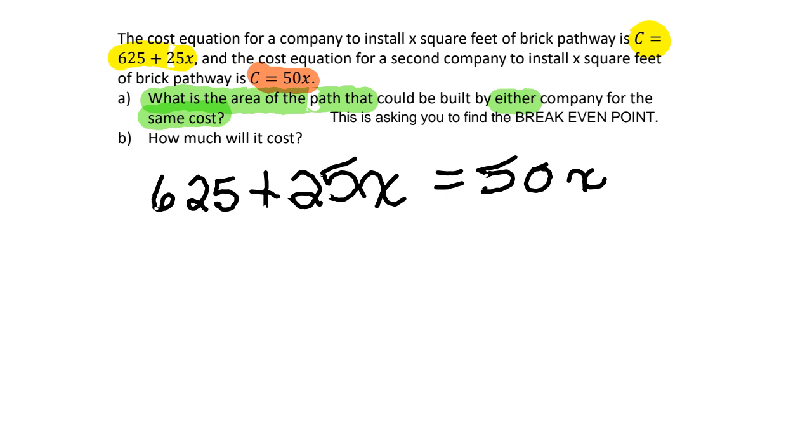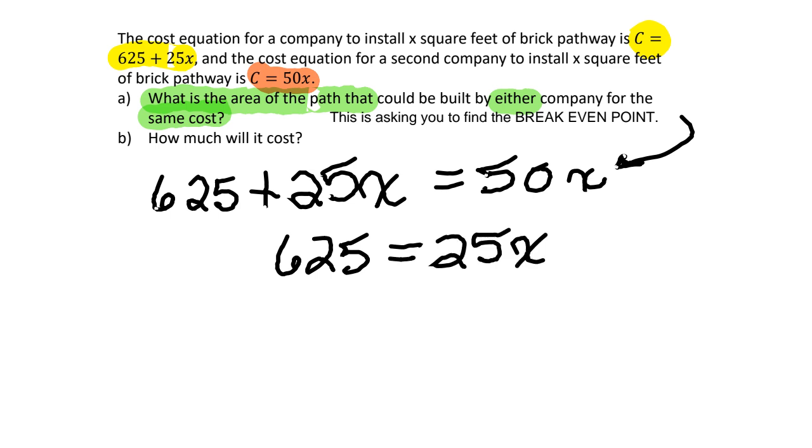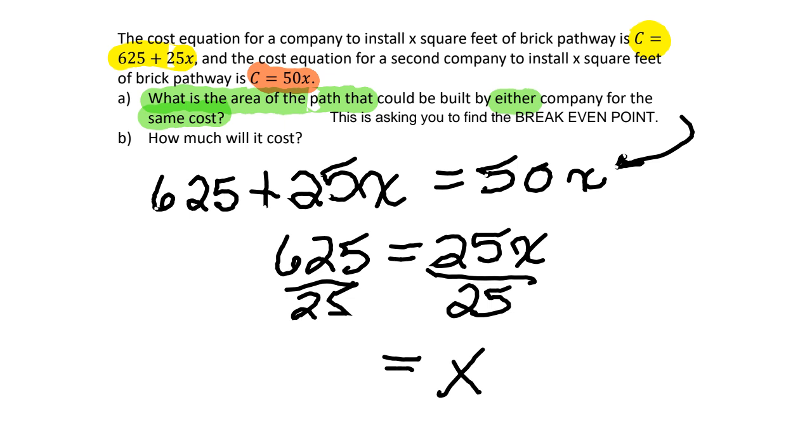This is how I'm going to get my break-even point. Well, if I subtract 25x from both sides, I get 25x here, divide by 25. Now x is equal to 25 square feet.